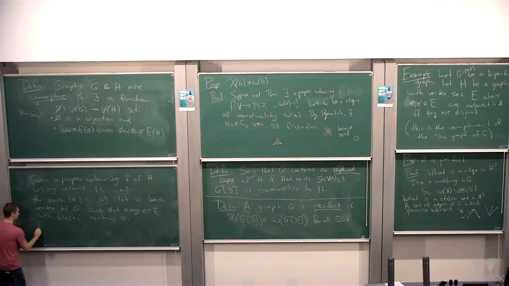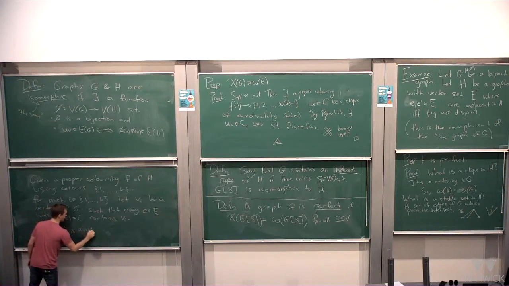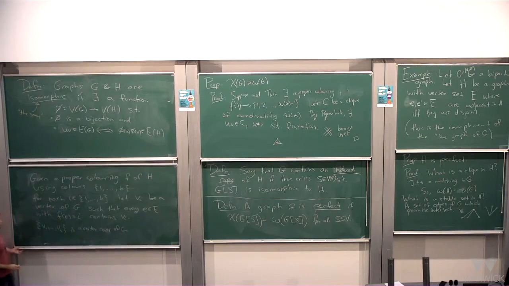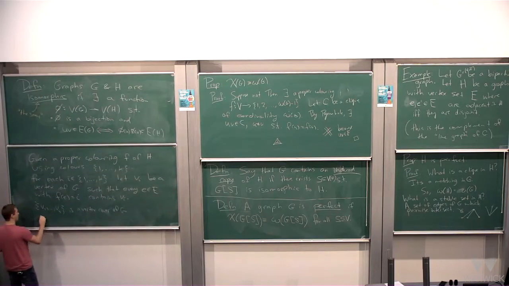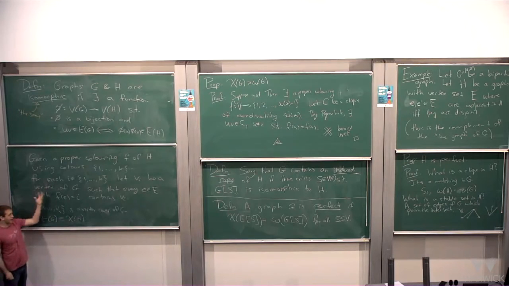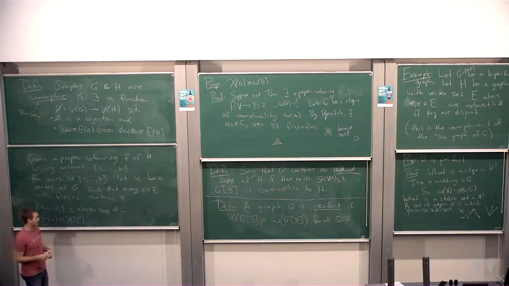Then v_1 up to v_K is a vertex cover of G. That tells you that tau of G, the size of the smallest vertex cover, is at most the chromatic number of H. Because for every coloring with K colors, I found a vertex cover which has exactly that many elements, so the smallest vertex cover must have at most the chromatic number of elements.